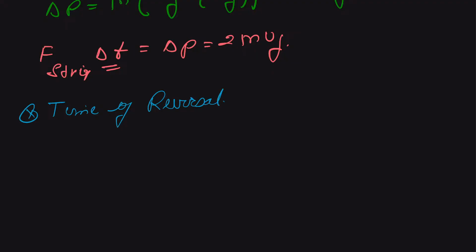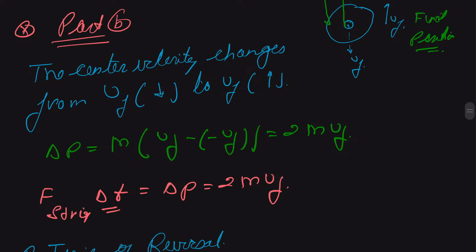In this case there is a basic concept on which this time of reversal is based, because the reversal is obviously going to happen at the bottom. It means at the final position the reversal is going to take place, and in the question it is mentioned that the spin velocity is going to remain the same.